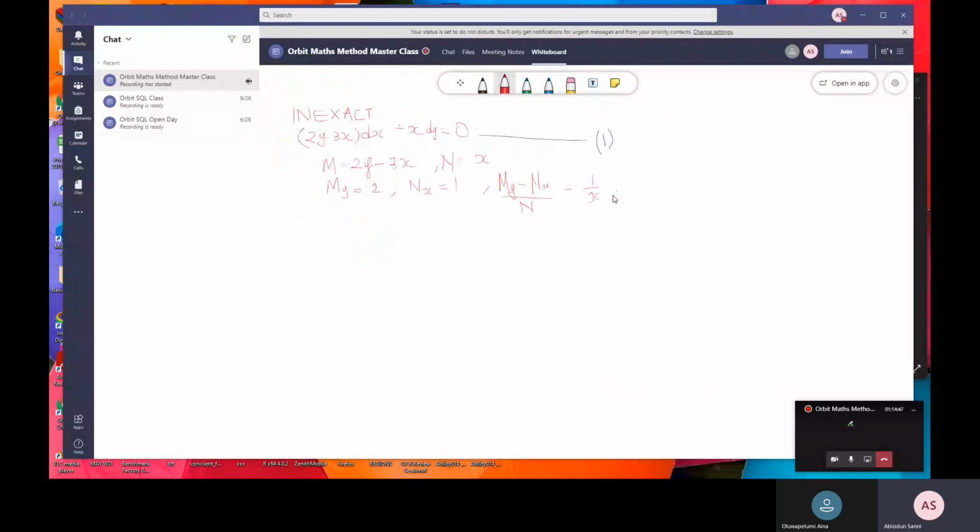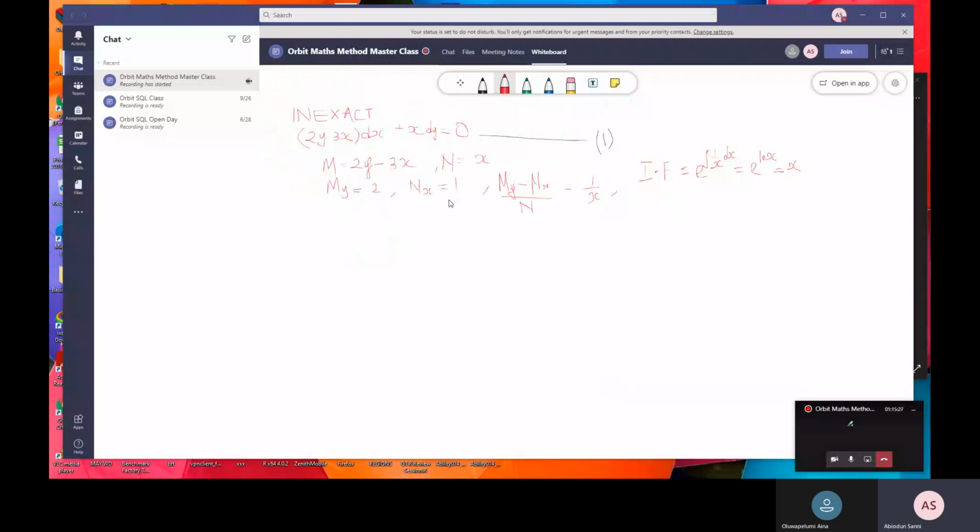So my integrating factor is going to be exponential of the integral of 1 over x dx. And that's going to give me exponential ln x, and exponential ln x is going to give me x, right?